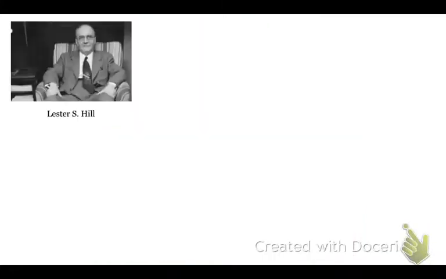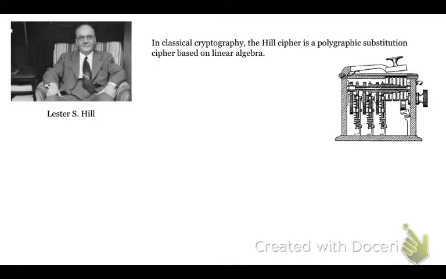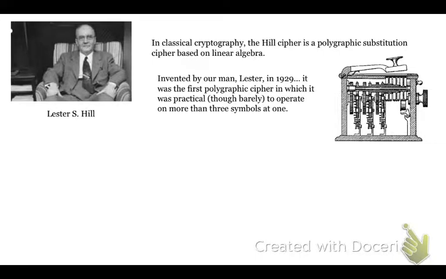But anyways, what I'm talking about today is cryptology that this Lester Hill came up with using matrices. It's called the Hill cipher, and it was a polygraphic substitution cipher based on linear algebra. To be honest, I didn't look too far into this machine right here. I'm not exactly sure how it worked, but I do know it was invented by Lester in 1929.